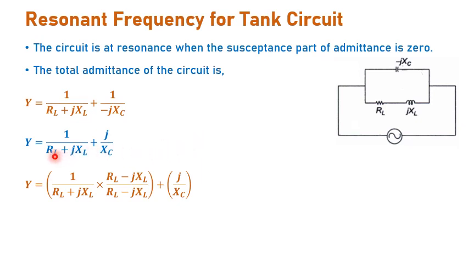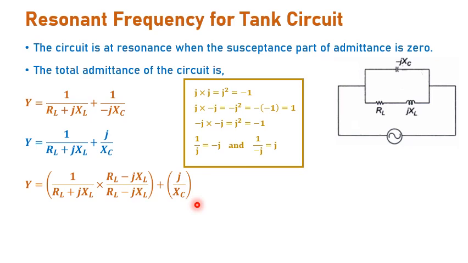Hence, in order to separate the real part and imaginary part, we need to multiply and divide this term by its conjugate. Therefore, the conjugate of this will be RL minus jXL. So multiply and divide. Since this is already an imaginary term, we need not do any further simplification.